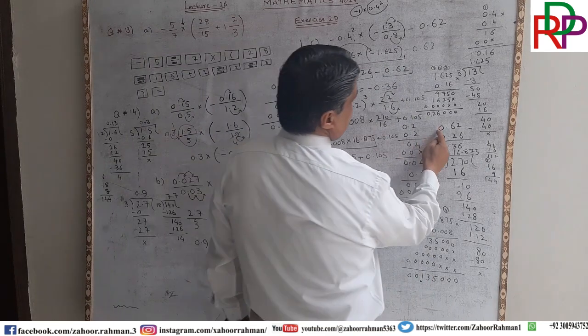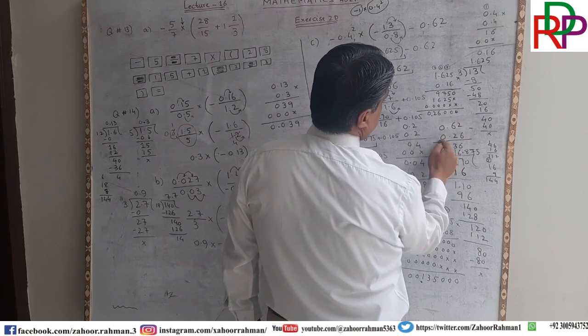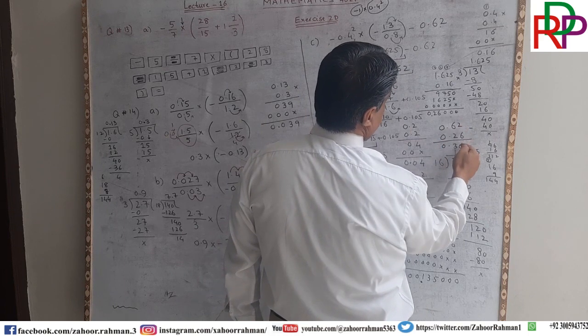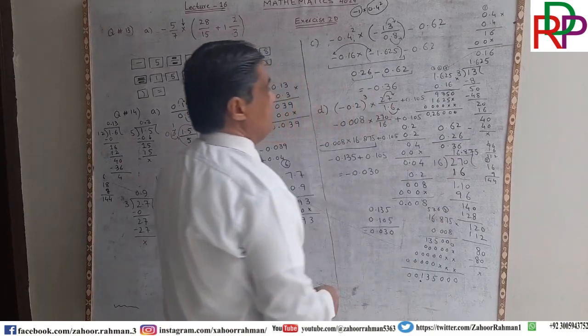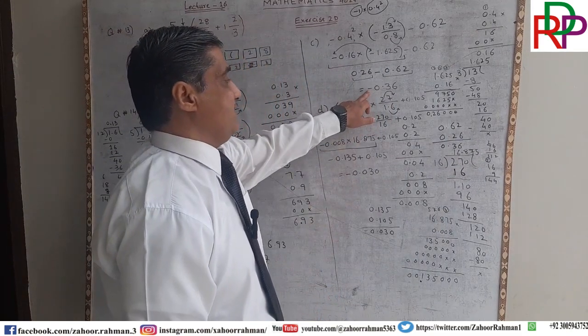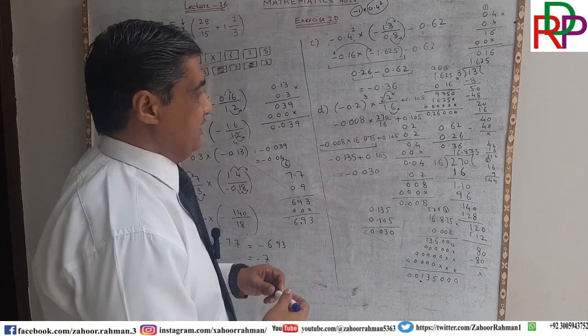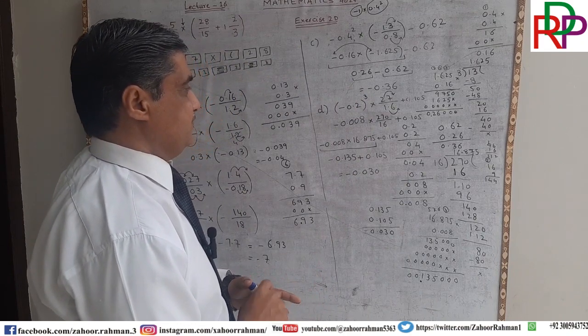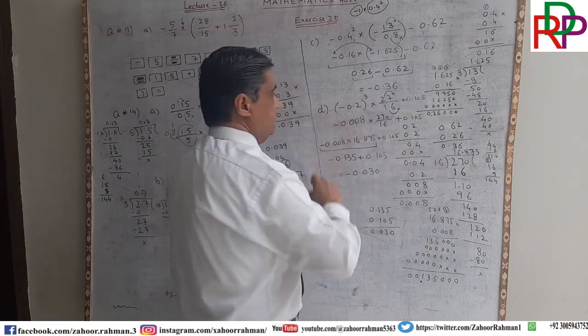So when we subtract this 0.26 from 0.62, it will become 0.36 with the negative symbol. And that is the ultimate answer, ladies and gentlemen. Ladies and gentlemen, now we are doing the D part.